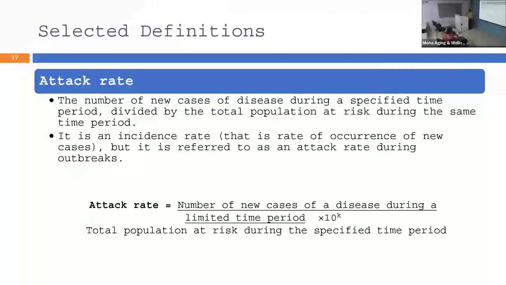That's the total, and those who get the disease would be the numerator. What's underlined is the numerator, and what's not underlined is the denominator. It is an incidence rate, but we use it during an outbreak and call it an attack rate.